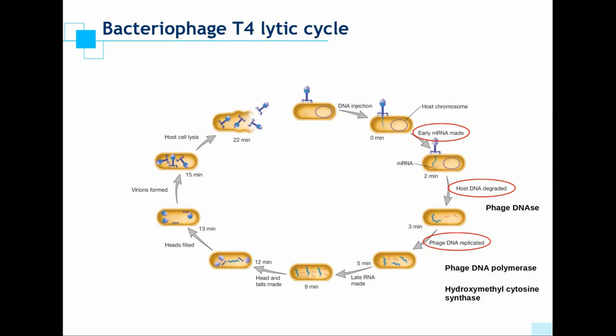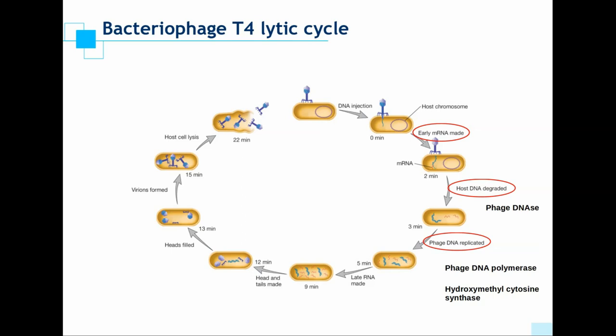It won't cut DNA that contains hydroxymethylcytosine. So this is a clever system for the phage to discriminate between the host cell DNA, which all gets degraded, and new phage DNA, which can't be degraded by the phage DNase. So it's really necessary for this enzyme to be expressed at the same time as the DNA polymerase.